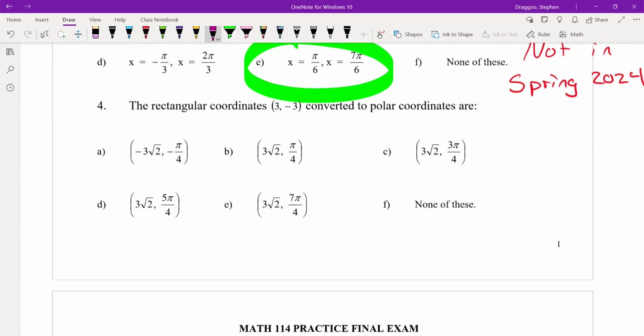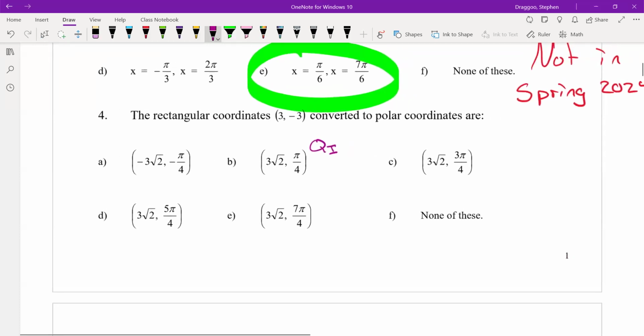So pi over 4 is in quadrant 1. 3 pi over 4 is in quadrant 2. 5 pi over 4 is in quadrant 3. And 7 pi over 4, that's quadrant 4. So 4 of the 5 points are in 4 different quadrants.